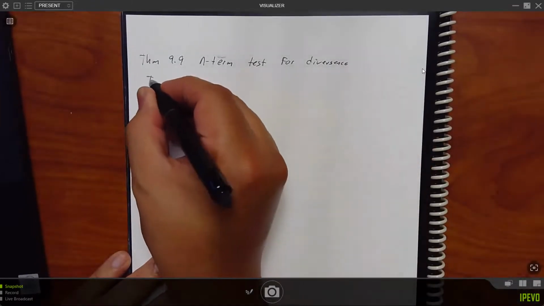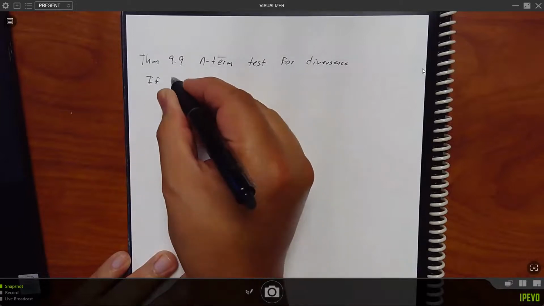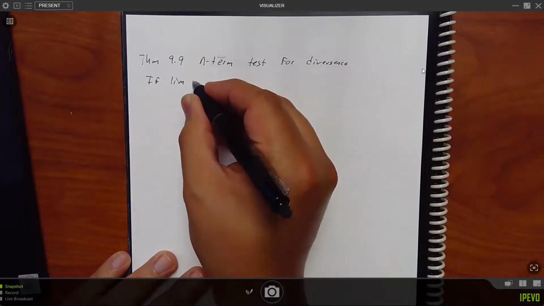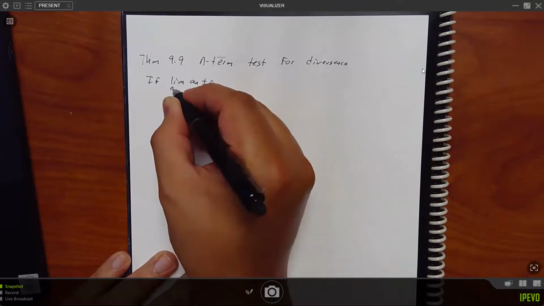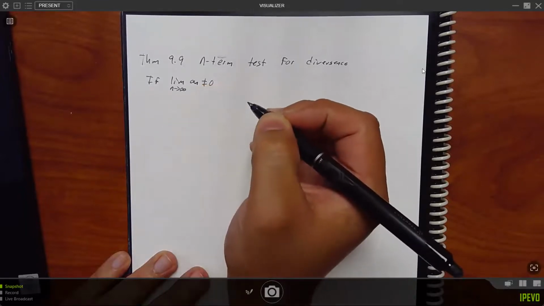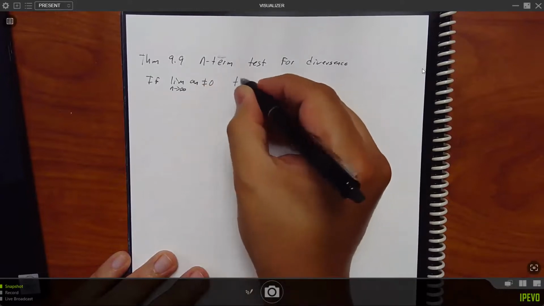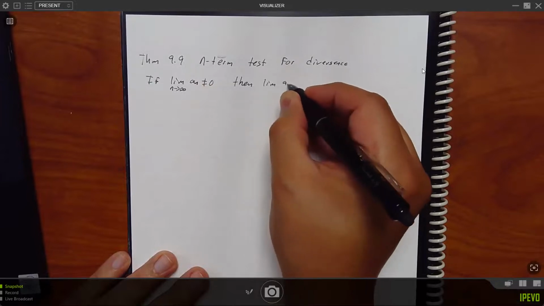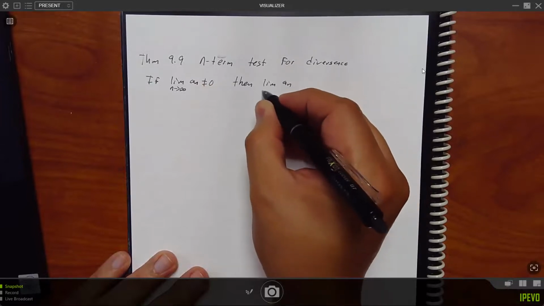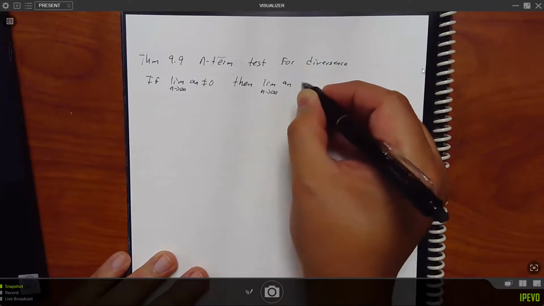It comes from the contrapositive. So if the limit of a sub n is not equal to 0, then the limit of a sub n as n approaches infinity.